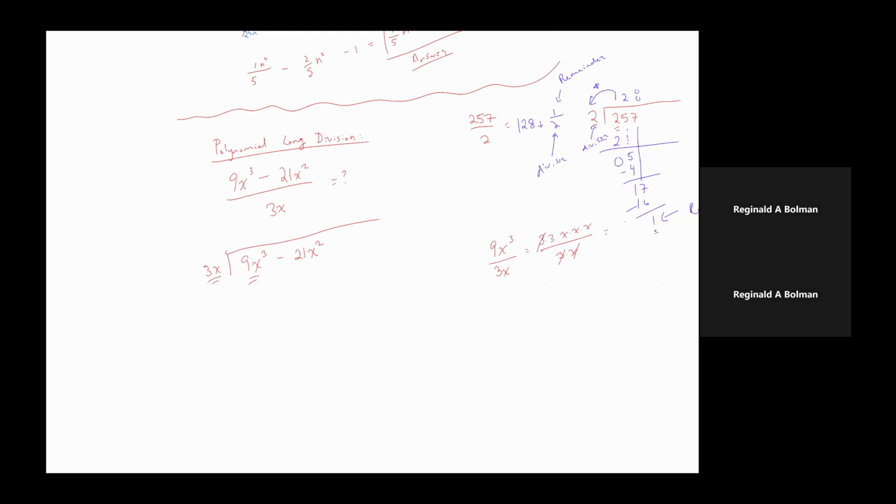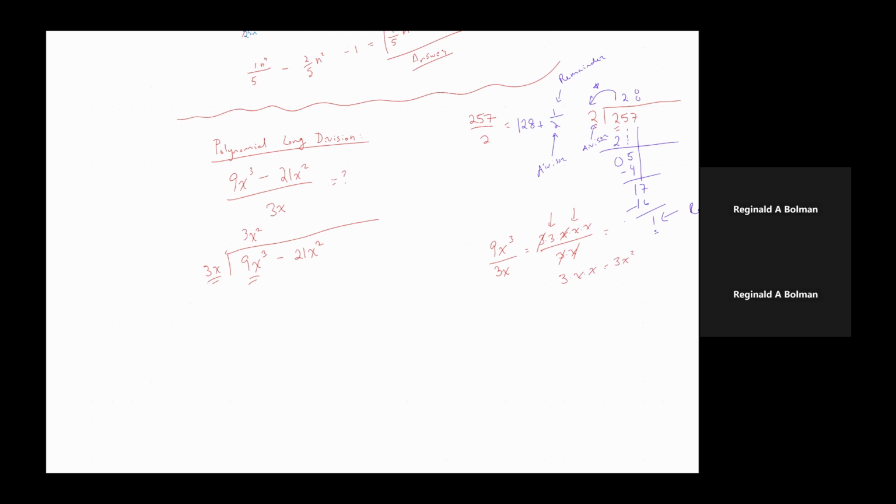It turns out that 3x goes into 9x cubed x squared times for the x part, and 3 goes into 9 3 times. So you've got 3x squared as the quotient term.